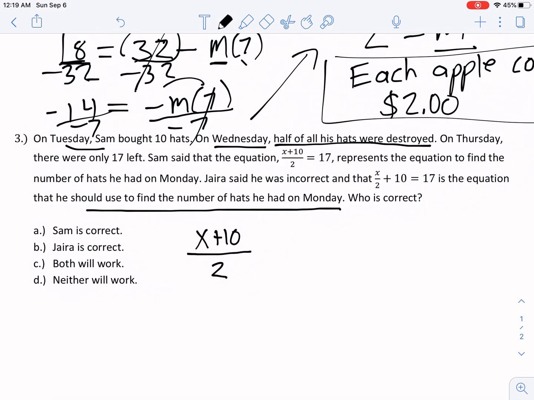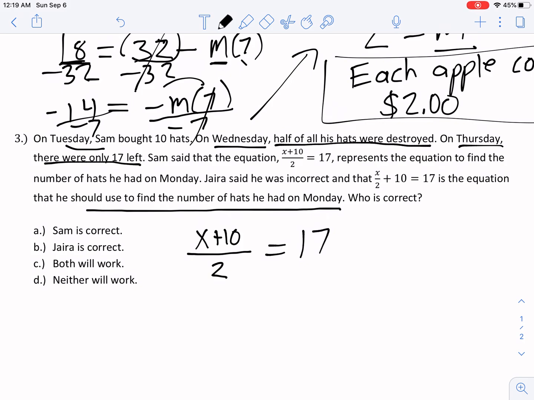So if I take that x plus 10 from Tuesday divided by 2, now I'm at a half. Then on Thursday, we know he had 17 left. Okay, so all of this, by Thursday, we know we have 17 hats left. Okay, so looking at this, we could use this to solve how many hats he had on Monday.